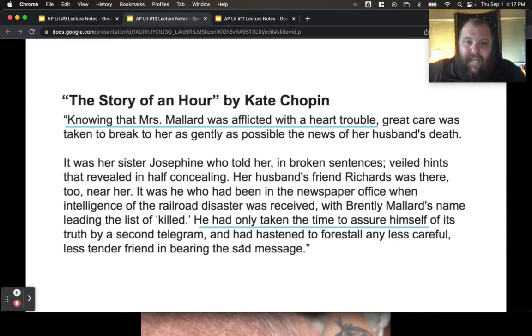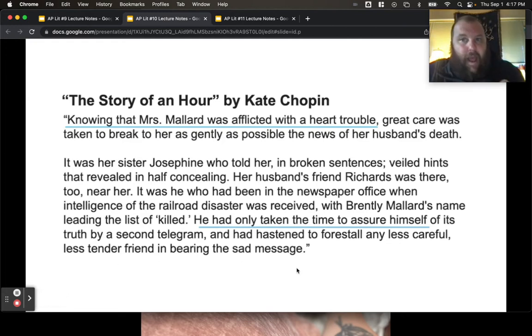And then we see that this family friend, he had taken time to assure himself of its truth. He's caring for her. He's obviously a friend of the family. He was trying to make sure that this news of the husband's death was true, and that he was the one who would give it to her, so she didn't hear from another source and fall apart. He wanted to be careful.